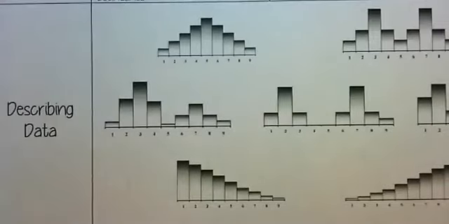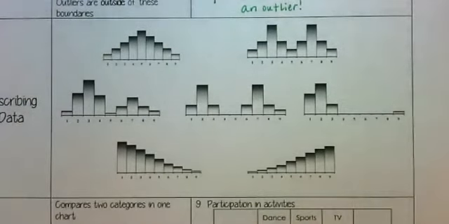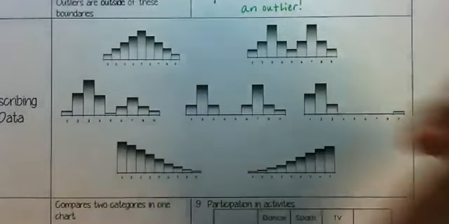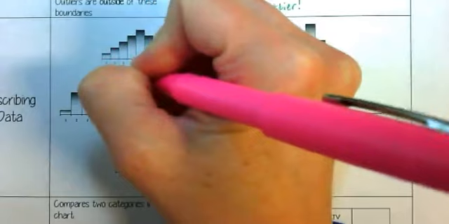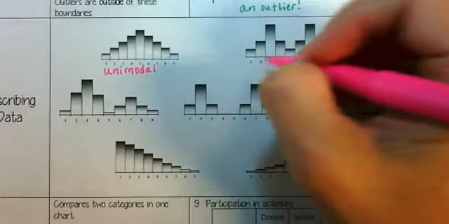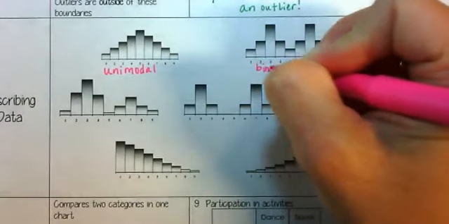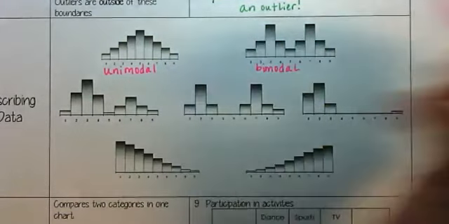All right, next up, we were looking at the shape and descriptions of data. So I just copied these over from the ones that we did in our notes. We called this right here unimodal, and that was because there was one peak, where this one right here would be bimodal, because there are two peaks in the data.